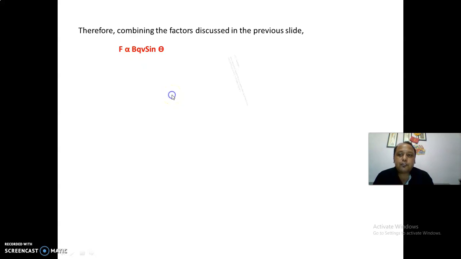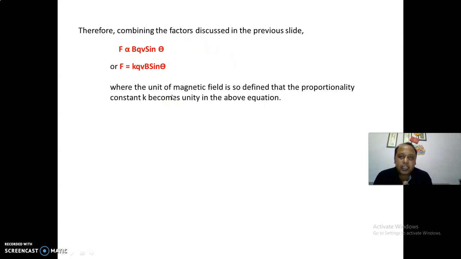Or if we remove the proportionality sign, then an equal sign will come and we will write a proportionality constant K. So force becomes K Q v B sine theta. Now the value of K comes out to be 1, that is unity, when we consider appropriate units of all the quantities.